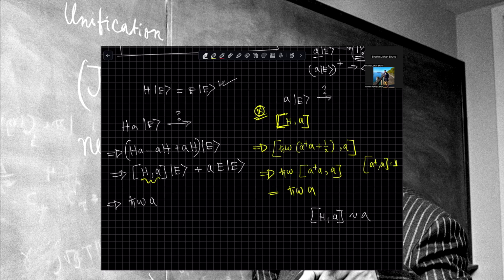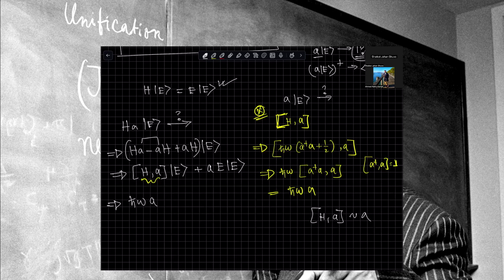Negative AH. That's H commutator A. Okay, that's okay. And then what did I do wrong? H of A of H. This is HA. Commutator, we have AH with E, the energy eigenvalue.